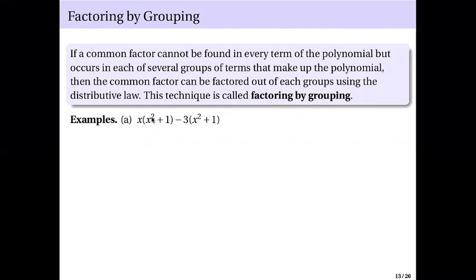So you have the grouping here, x squared plus 1, and also the grouping here, x squared plus 1. Observe that x squared plus 1 is a common factor for both expressions, so you can factor it out. What will remain is x minus 3. That's why you have x minus 3 times x squared plus 1. Okay? Questions?